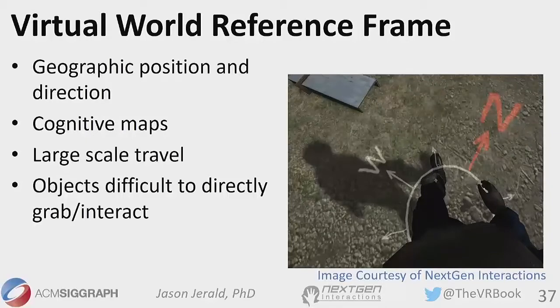Now here's an example of a mix of a virtual world reference frame and a physical world reference frame, where the orientation of the compass is in the virtual world reference frame, but it actually moves with me. So it's in my torso reference frame. It's this really weird mix. But the idea is that if you are doing a virtual rotation type of interface, where you rotate virtually instead of physically, then it can be very strange.